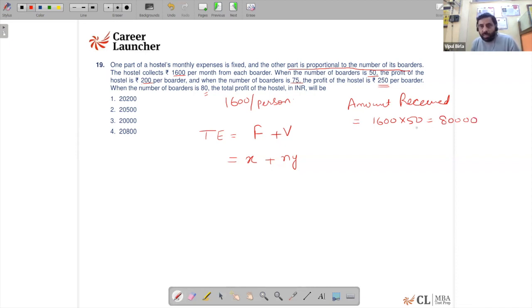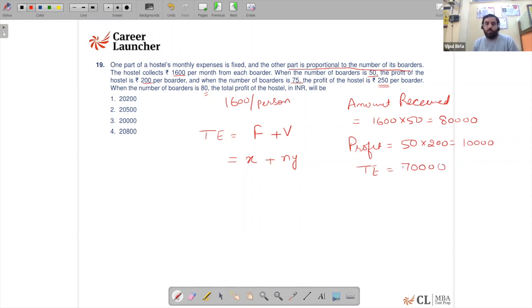It also says that the hostel is incurring a profit of 200 rupees per boarder when the number is 50. So can I say profit will be equal to, for 50, 200 per person, and that is coming out to be 10,000. So the total expense incurred by the hostel will be 80,000 minus 10,000, which is equal to 70,000, right?